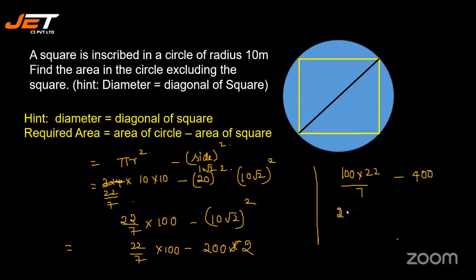So 2200 minus 7 4s are 28 by 7. Same it's coming.